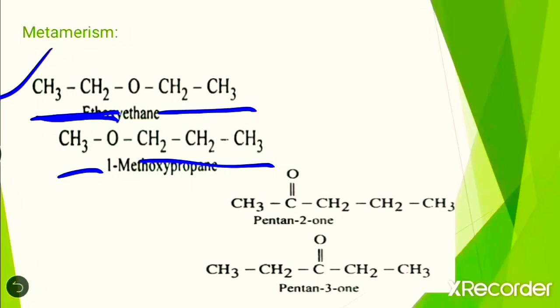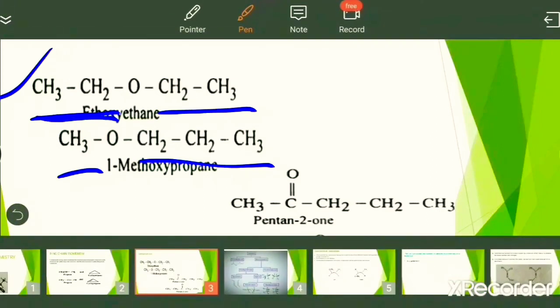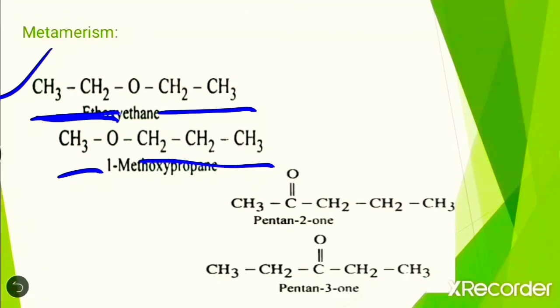Metamers can also be positional isomers. You can see in this example pentan-2-one and pentan-3-one. These two are positional isomers. They are also metamers, but the first preference is given to positional isomerism.